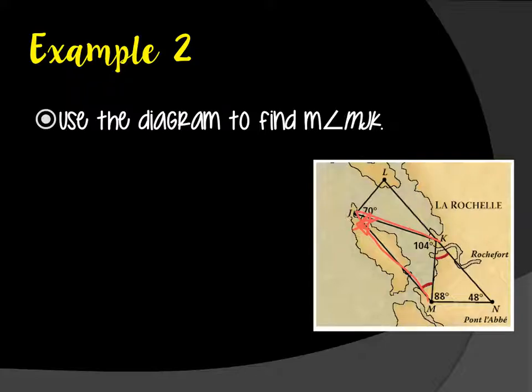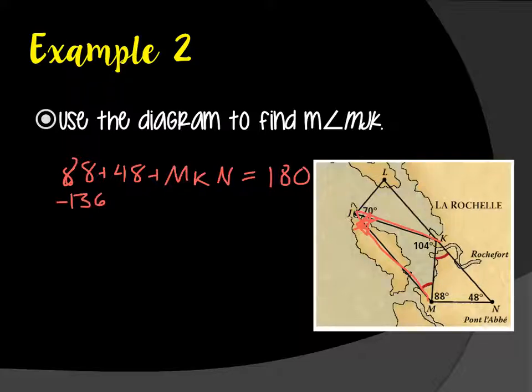So let's find MKN first. So we add 88 plus 48 plus MKN is equal to 180. So 88 plus 48 is 136.